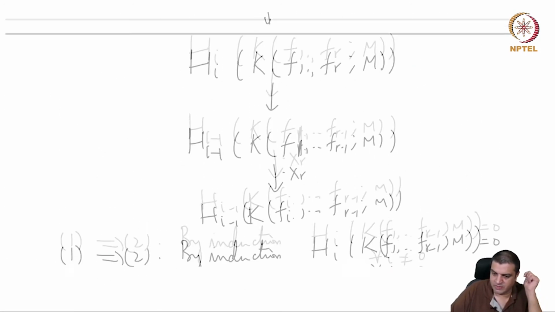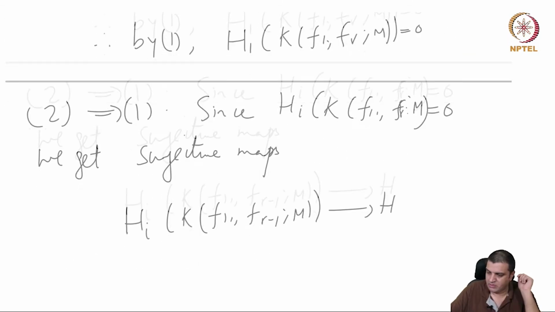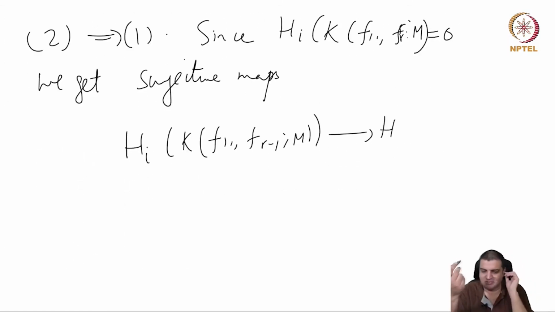So that's what the first map here is. Okay. This is 0, so we get a surjective map. I mean, it is also injective, but that's not really relevant or useful at this point.